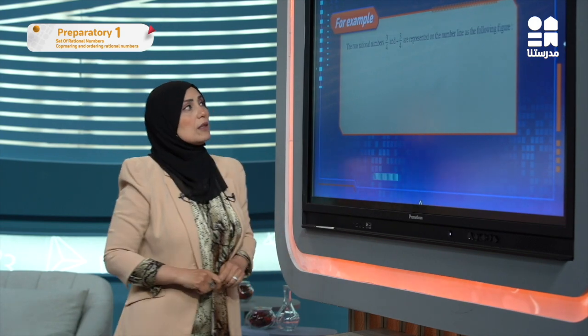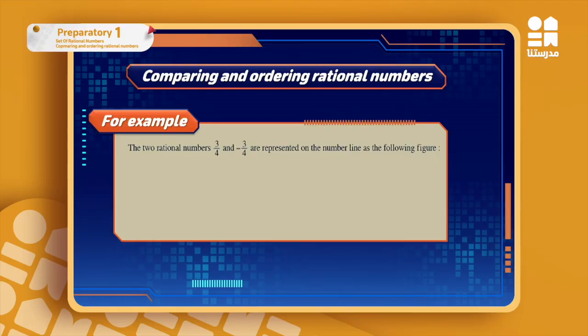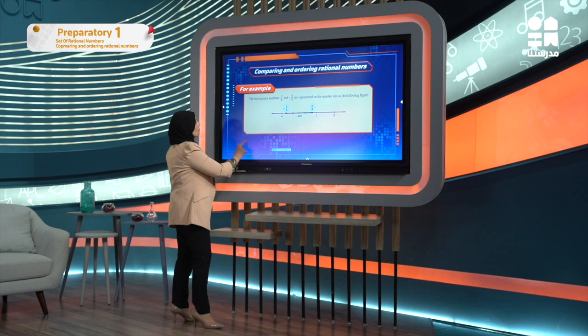Example, the two rational numbers 3 over 4 and negative 3 over 4 are represented on the number line as in the following figure. As you can see here, the 0 is in the middle and 3 over 4 is to the right because it's a positive number. Then negative 3 over 4 is to the left of the 0 because it's negative. And all the positive numbers are to the right and all the negative numbers are to the left of the 0.